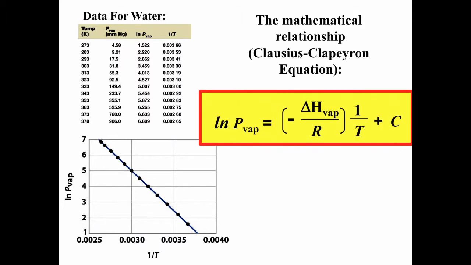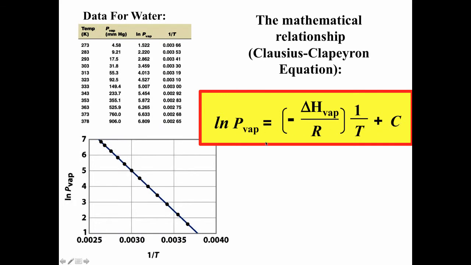And here it is in all its glory. The Clausius-Clapeyron equation says that the natural logarithm of the vapor pressure is equal to the negative enthalpy of vaporization for that substance over the gas constant R times 1 over the temperature in Kelvin plus some constant.